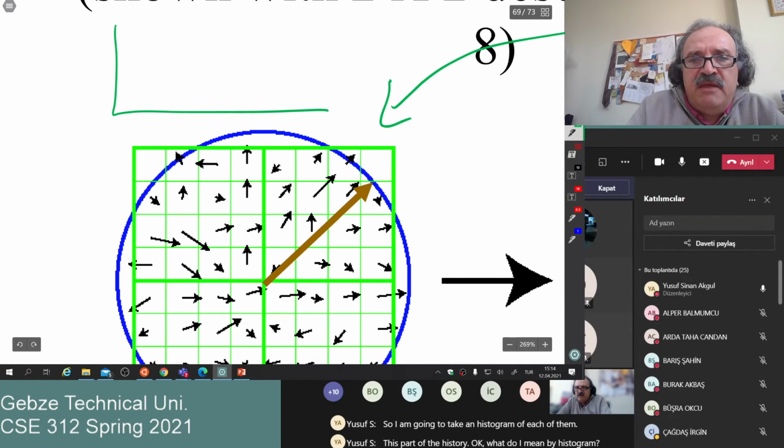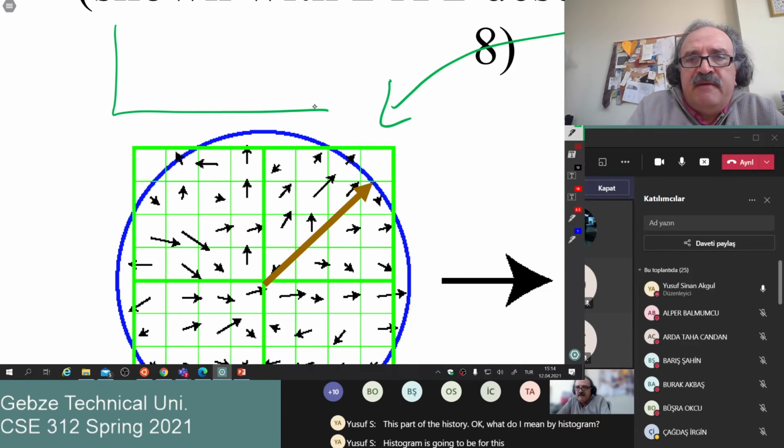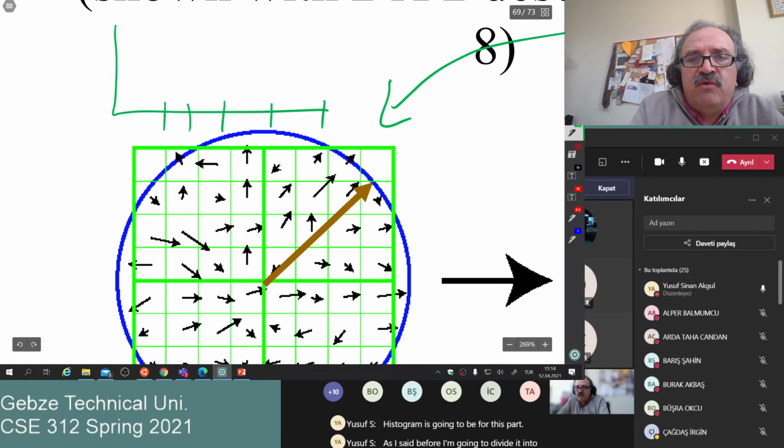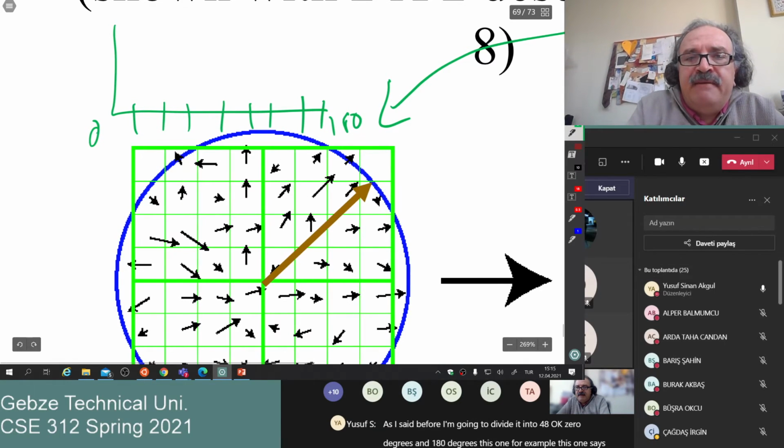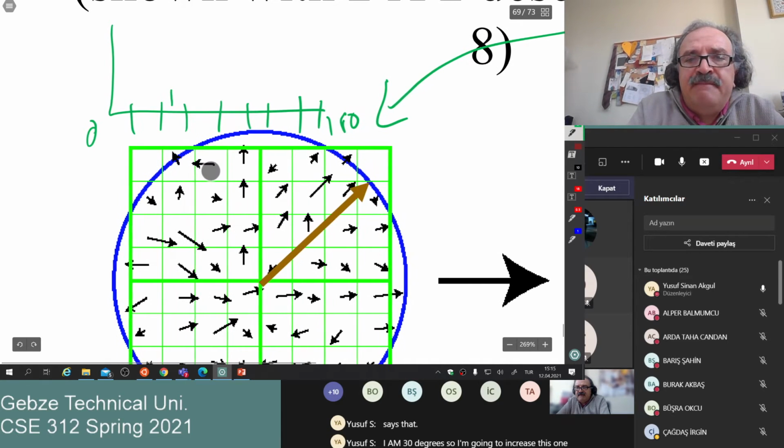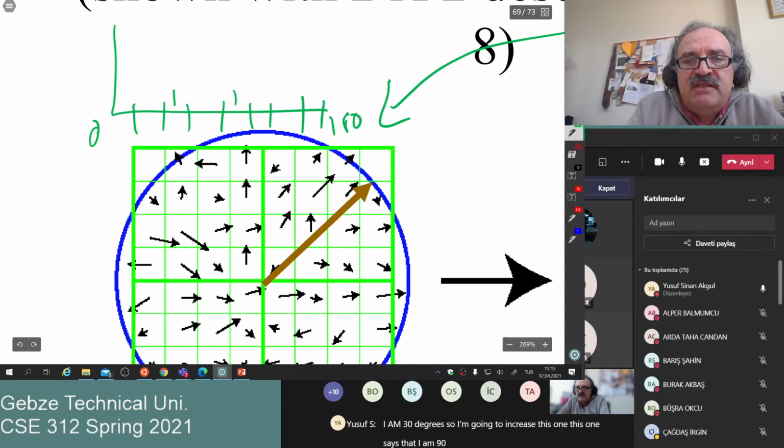Histogram is going to be, for this part, as I said before, I am going to divide it into 8 bins, 0 degrees to 180 degrees. This one, for example, says that I am 30 degrees, so I am going to increase this one. This one says 90 degrees, so I am going to increase this 90.